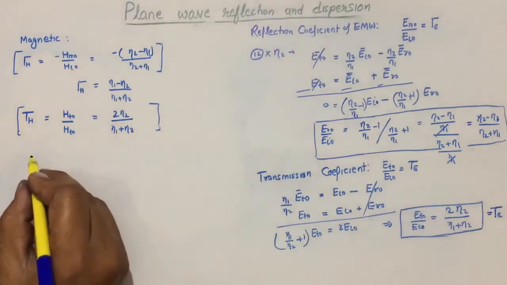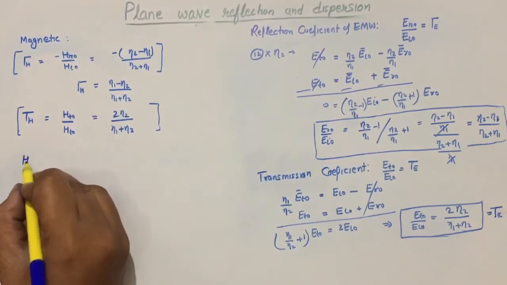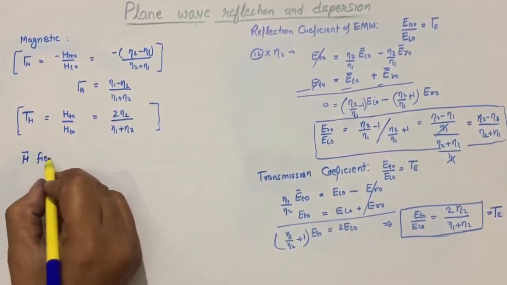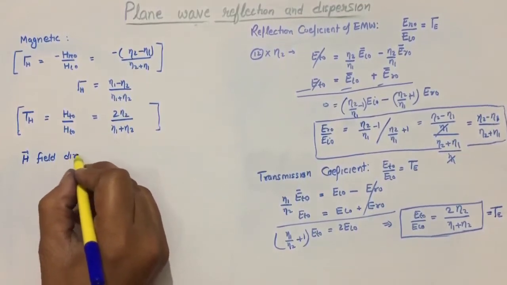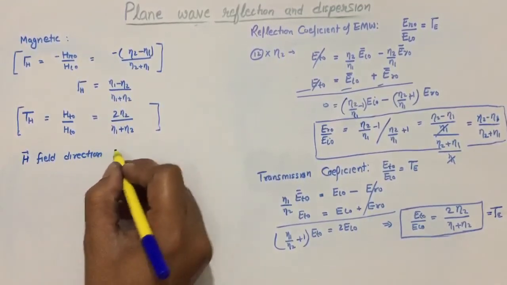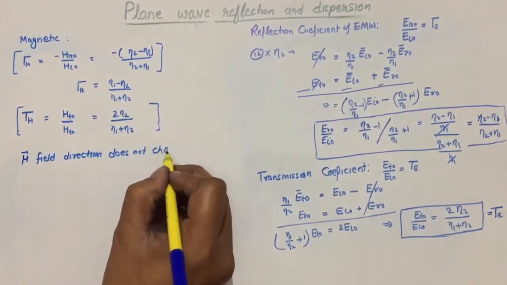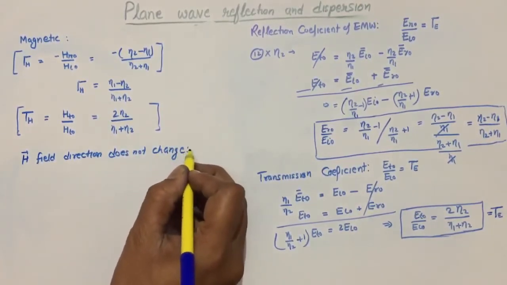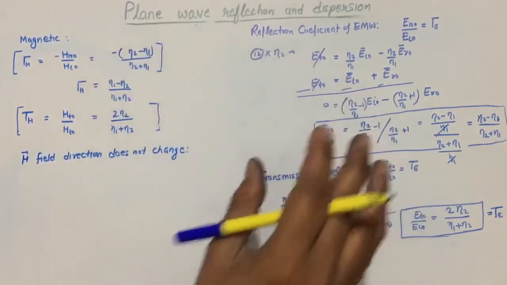Next, we can consider the case when the direction of magnetic field does not change, as we have done in case of electric field, the study we have done until now.